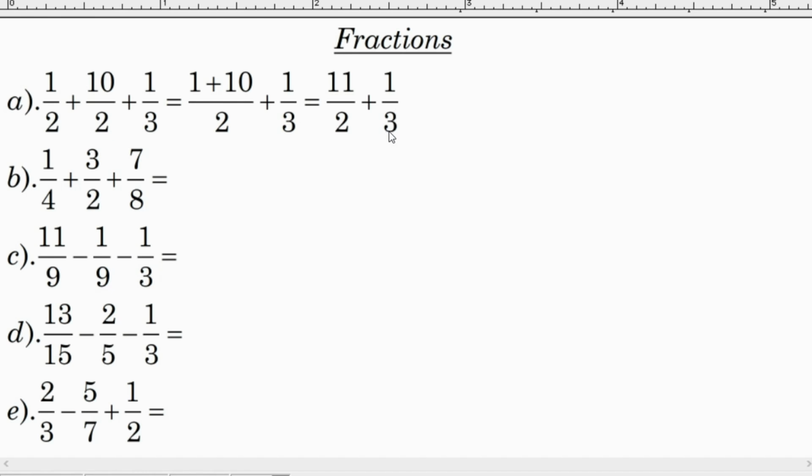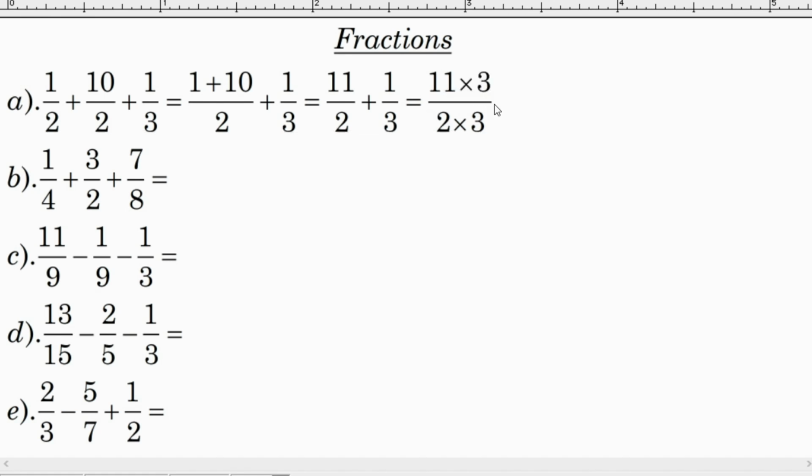Okay, so now we find the same denominator, which is equal to 6. When I have 2 here, I have to multiply by 3, so that will be equal to 6. And we also have to multiply the numerator 11 by 3.